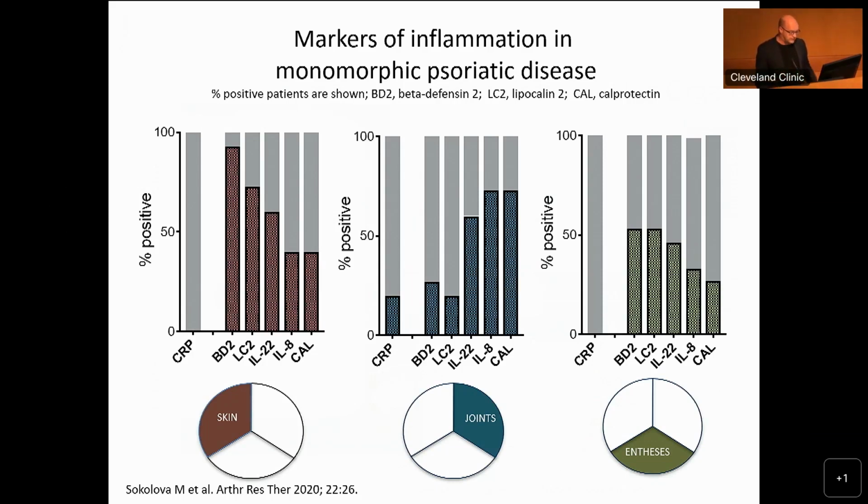So interleukin-6 or CRP is a very bad parameter for activity of psoriatic disease, unless it's still not used in the ACR criteria.